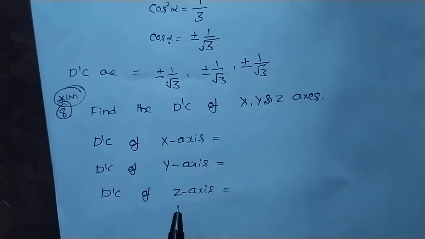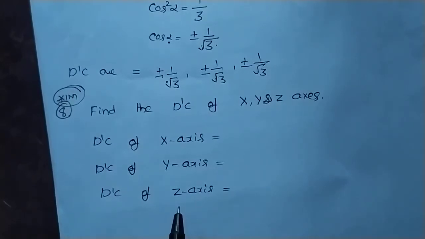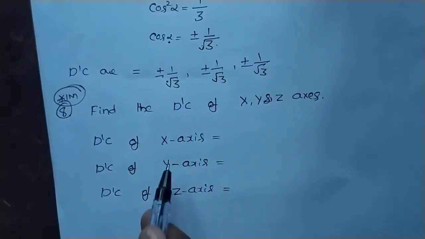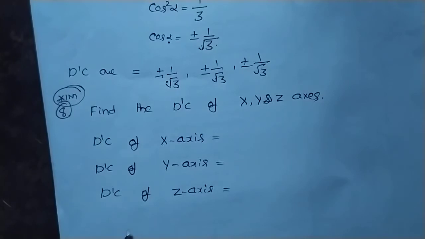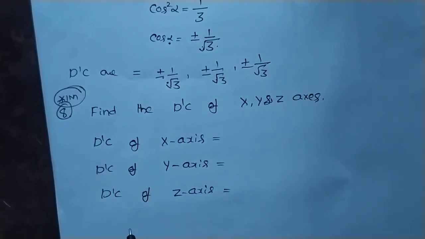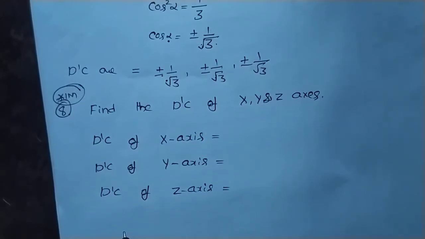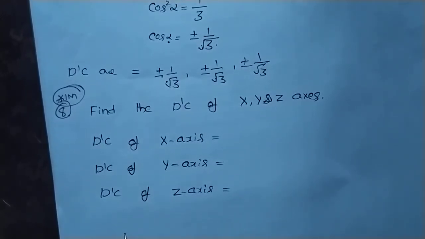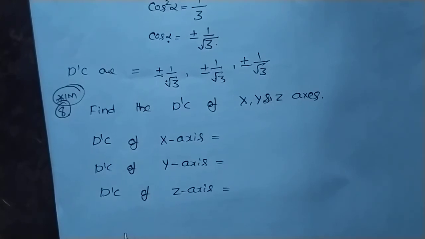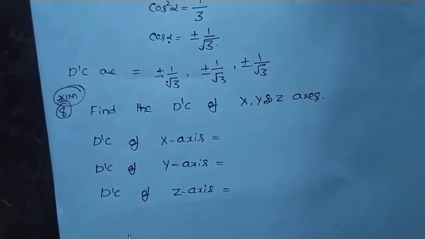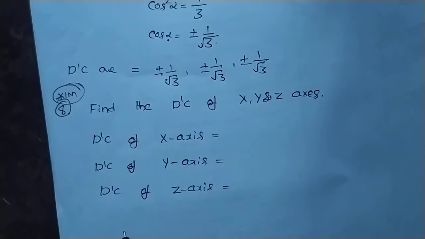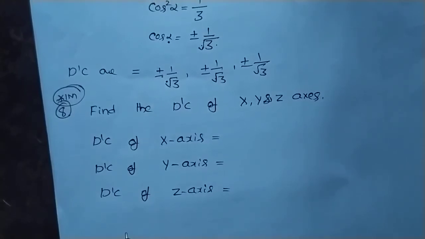Now we know that in our three-dimensional space the x, y and z axes are mutually perpendicular. Perpendicular means the angle is 90 degrees. Direction cosines are cos alpha, cos beta, cos gamma.